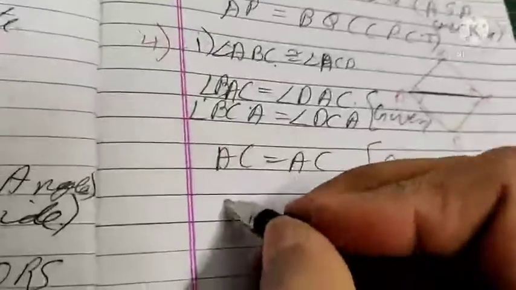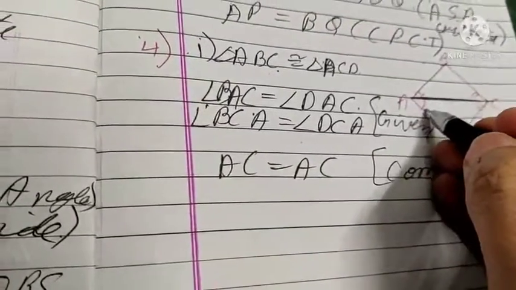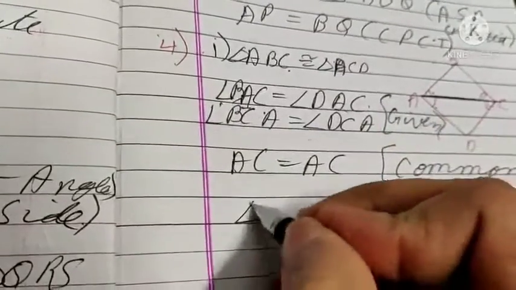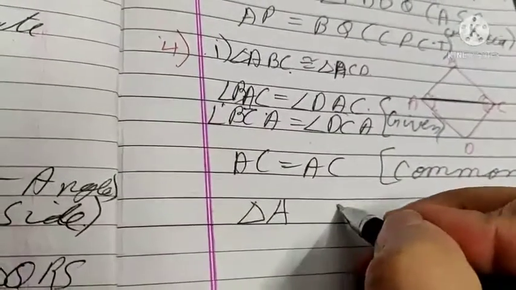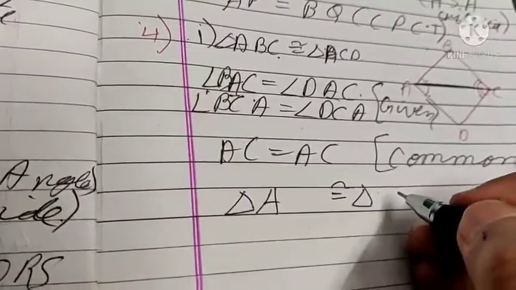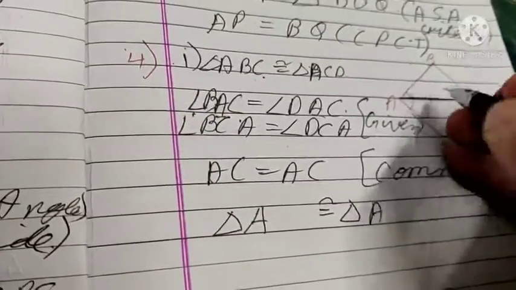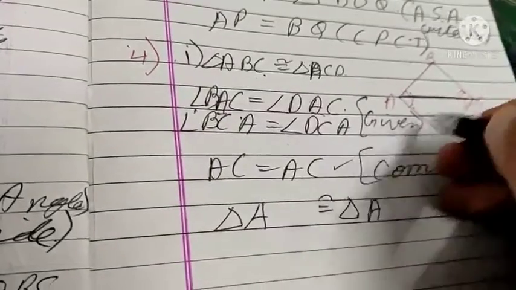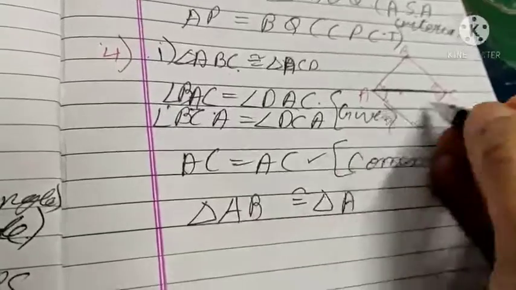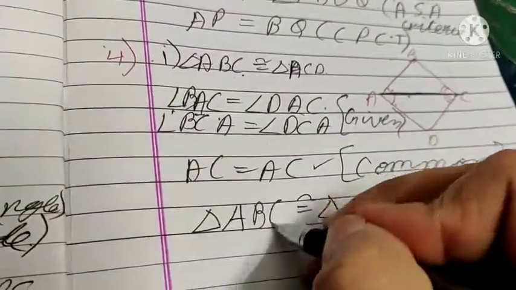If we see here, this angle A is equal to this angle A. Okay, this A and A are equal. And then this AC and AC was equal. So side in front of AC is B. This AC is D. What are we left with?